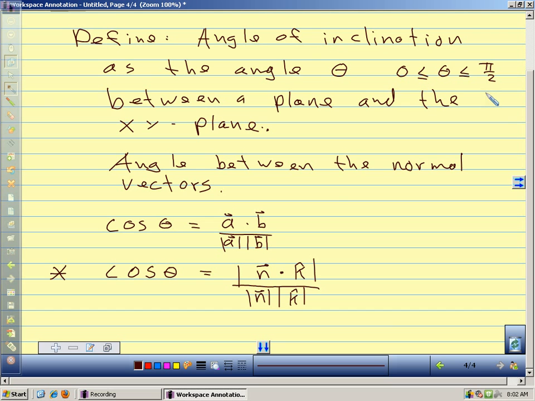Why do you think we'd be interested in the angle of inclination? So think back to what we've been talking about: derivatives.